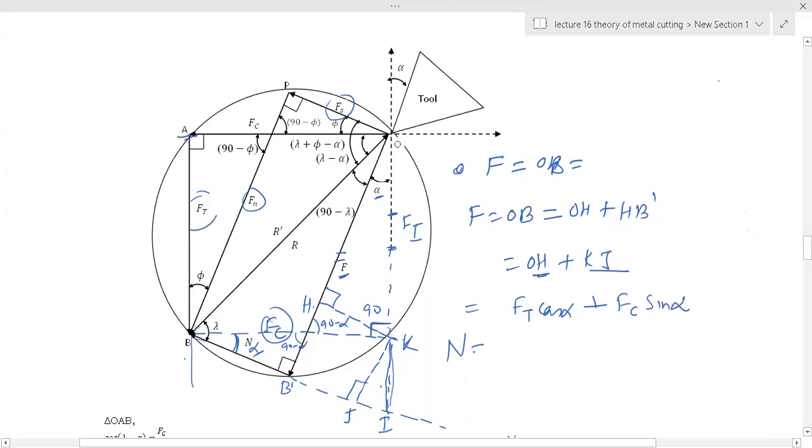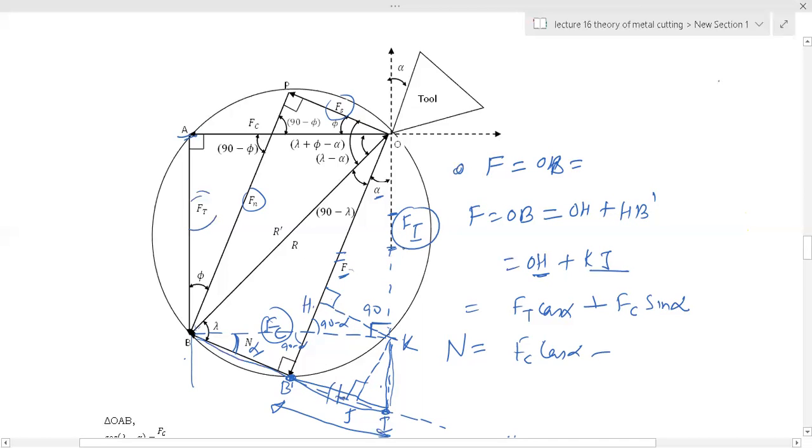Similarly, for N you can find it from FC. How to find that? This is your N. So N you can find as the total minus this, total minus this. The total will be your FC cos alpha, and that minus this one will be the component of this one.